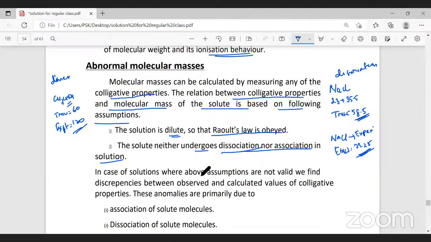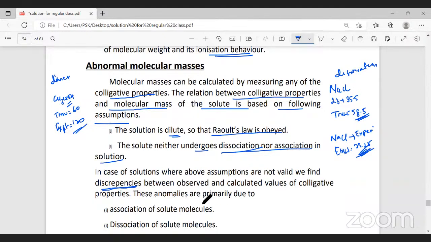In the case of solutions where the above assumptions are not valid, we find discrepancies. That means acetic acid and NaCl will not obey Raoult's law, because NaCl is undergoing dissociation and acetic acid is undergoing association. Therefore, there is a difference in molecular mass, and that is termed the discrepancies between observed and calculated values of colligative properties.